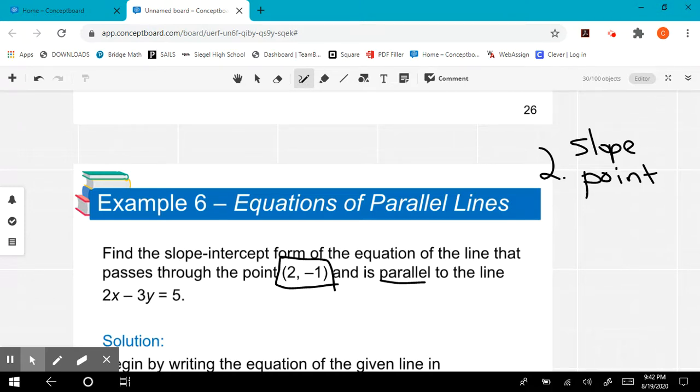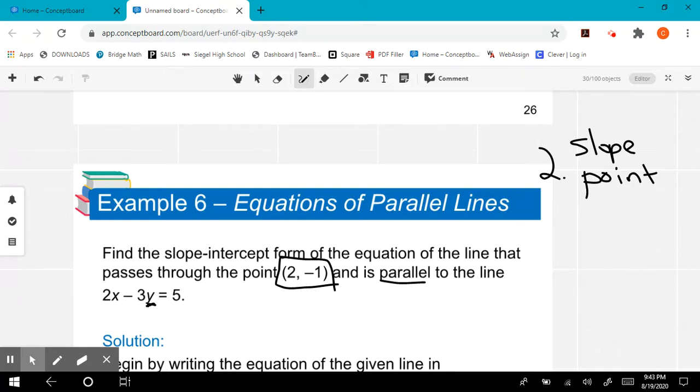The easiest thing to do is to put it in slope-intercept form. It would be difficult to put it into point slope form, where we have an x minus some number and a y minus some number. But to put it in slope intercept form, we just need to solve for y, which is a two-step process. So let's go ahead and solve for y.